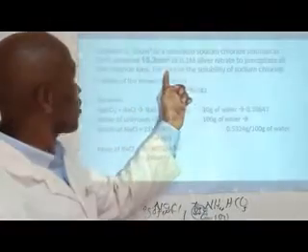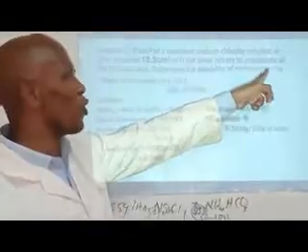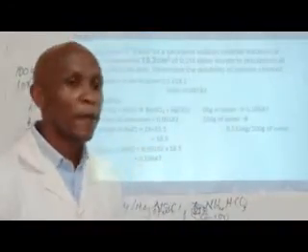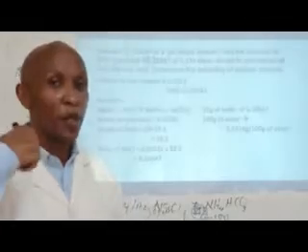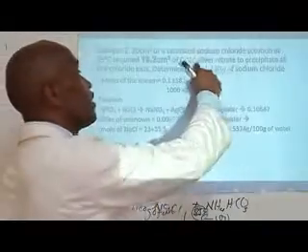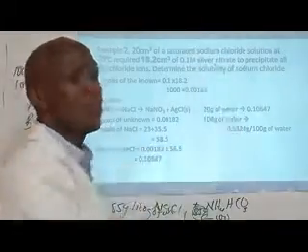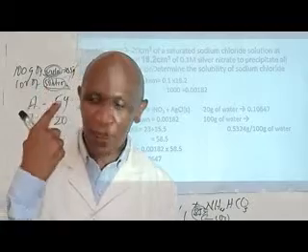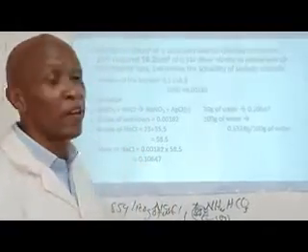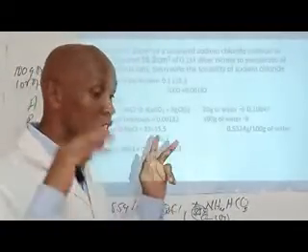In this case, this question is about sodium chloride. So sodium chloride becomes your unknown. It is not known. So the other one becomes your known. In our case here, we should know everything about silver nitrate. So the first thing that you do, get the moles of silver nitrate. Get the moles of the known in general.